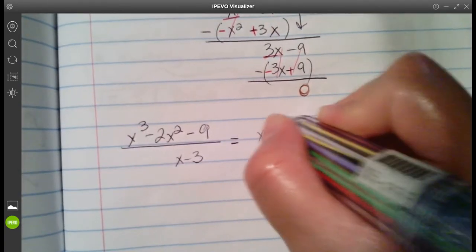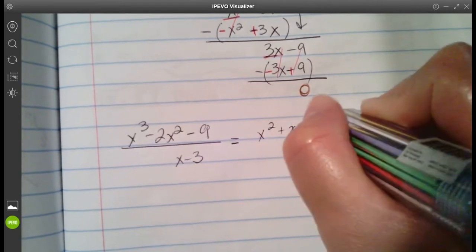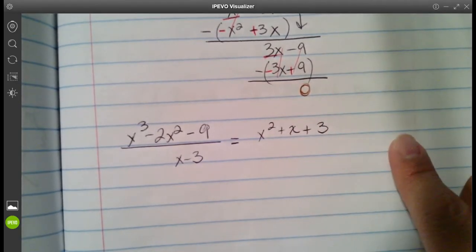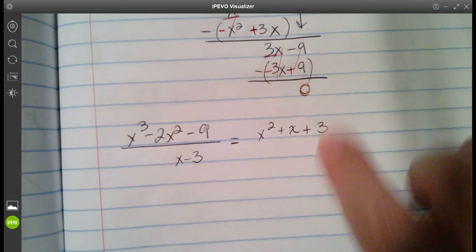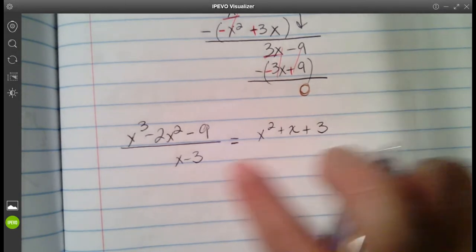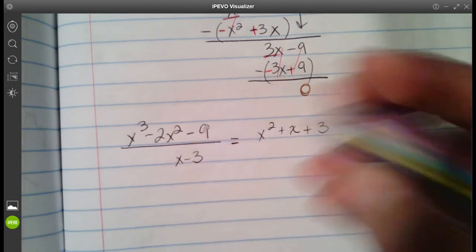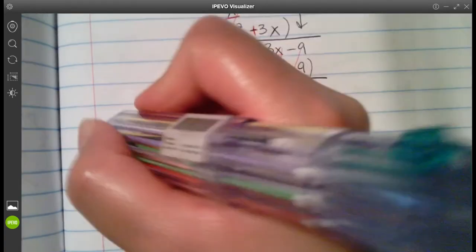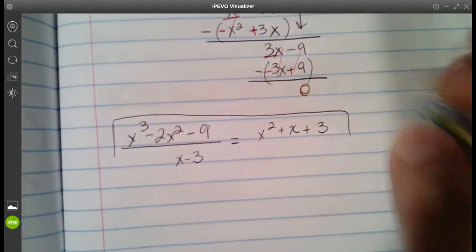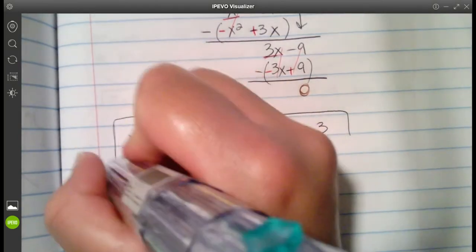So x squared plus x plus 3 plus no remainder because the remainder was 0, okay? And I guess we could make a note here that x cannot equal 3 because we can't divide by 0 here. But we're going to leave it just like that for now just because all I really want from you is this answer here.